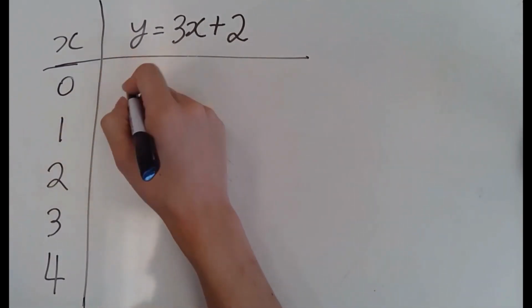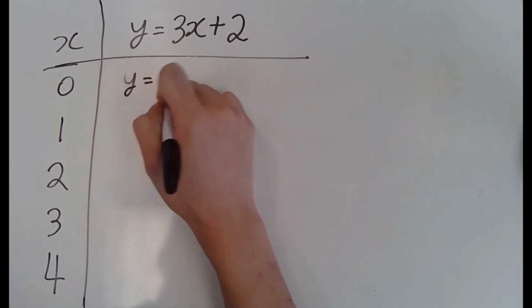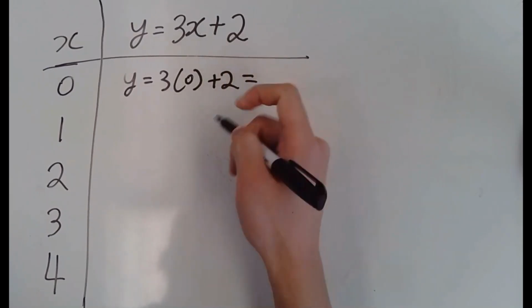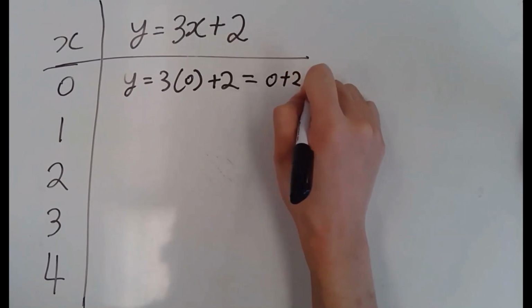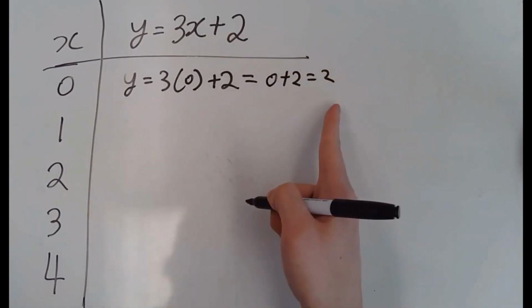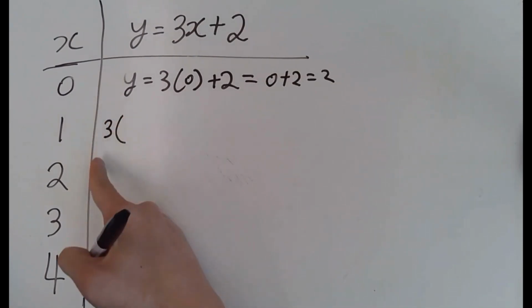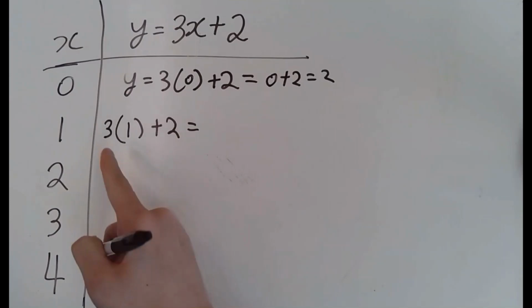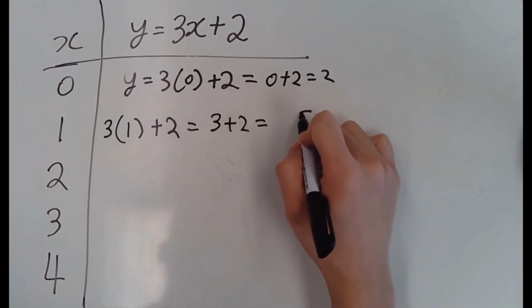So my y is going to be 3 times 0 plus 2. 3 times 0 is 0, plus 2, so my y over here is 2. If I follow the same process for the second one, I have 3 times 1 plus 2, which is 3 plus 2. Therefore, it's 5.